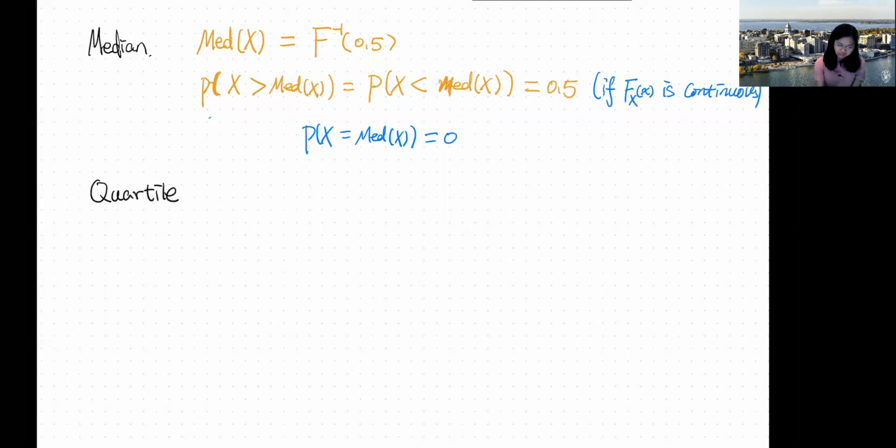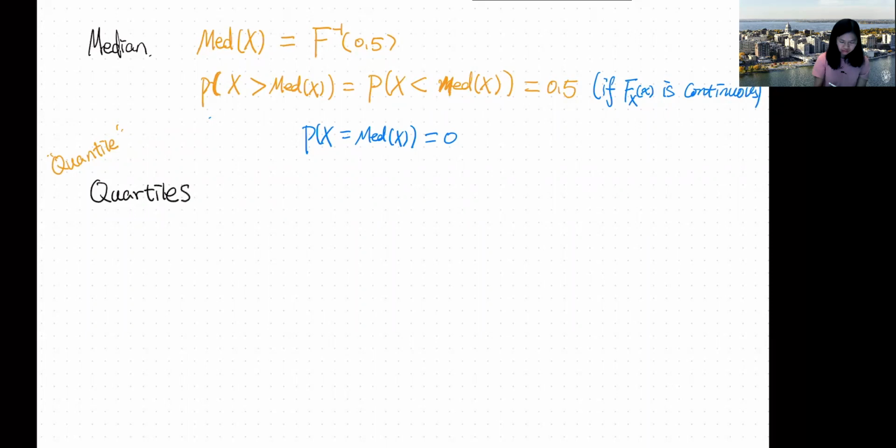Notice that this word quartile is not the same as the word quantile. This is quantile and this is quartile. So what is quartile?